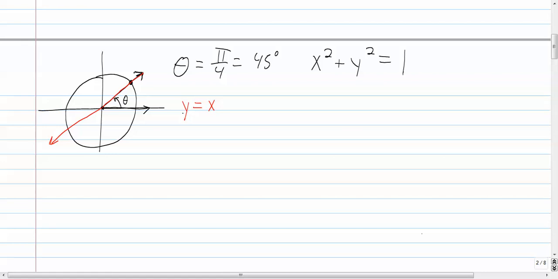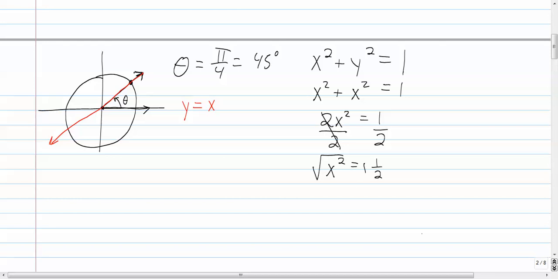So if we use the fact that y equals x, then I could make this equation x squared plus x squared equals 1, because if y is equal to x, then y squared is equal to x squared. And so if I take this equation and solve for x, we get x squared equals 1/2.